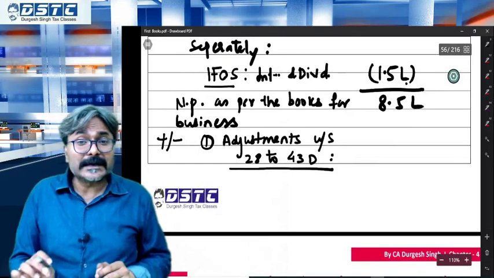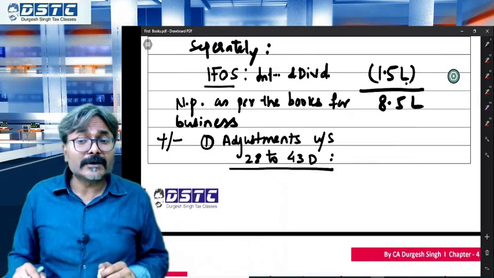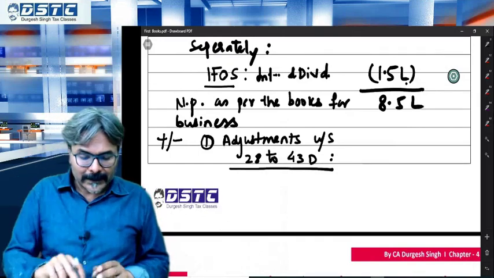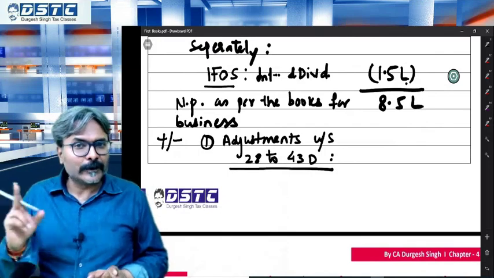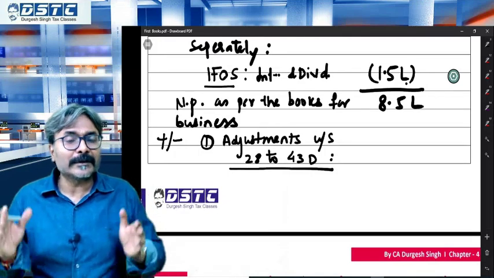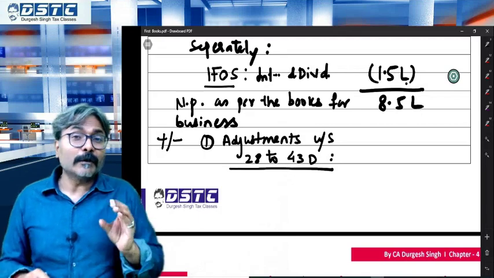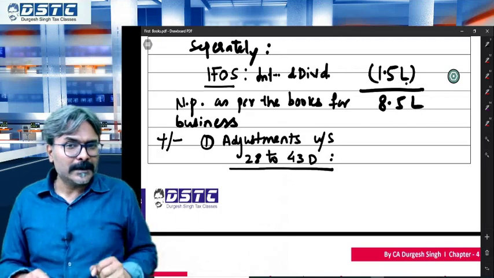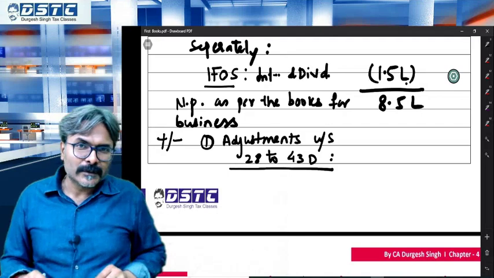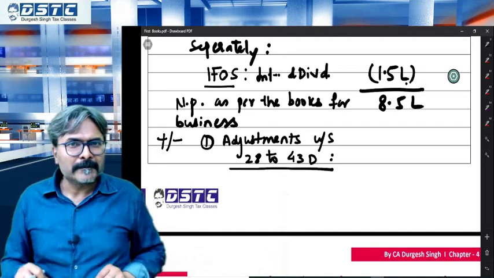So what is the adjustment that we will make in our case study? Adjustment relating to 28 to 43D. You will say, why 43D? Because I am giving you the range of the adjustments under the head PGBP. These are the range of the sections which are under the head PGBP.